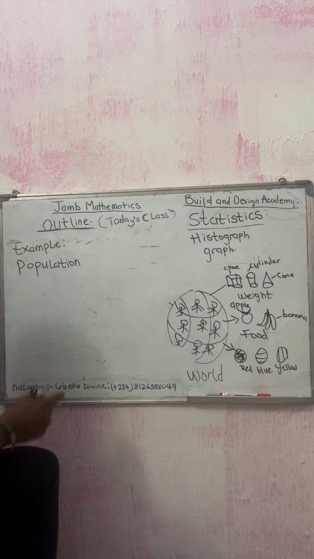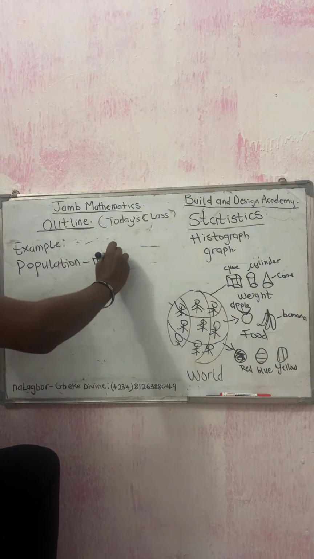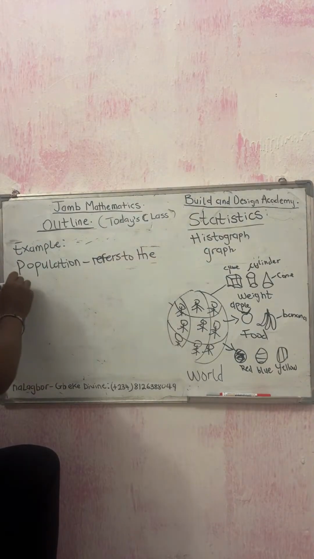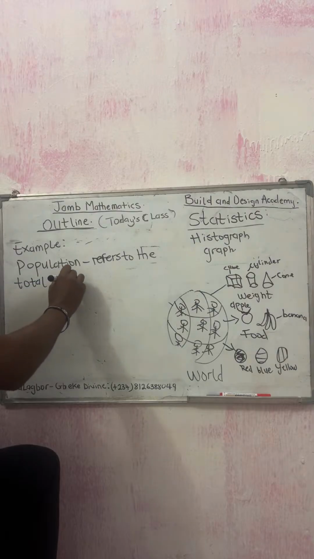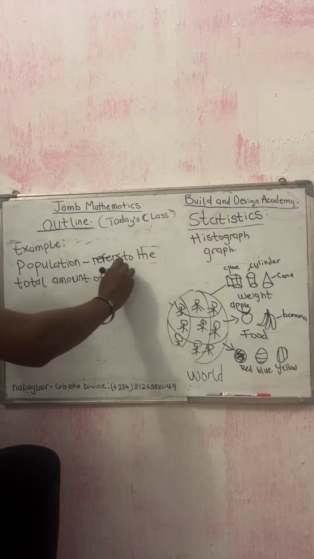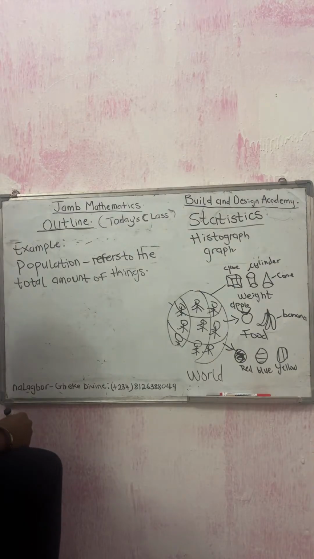So, we can say population refers to the total amount of things. That's what we understand by population.